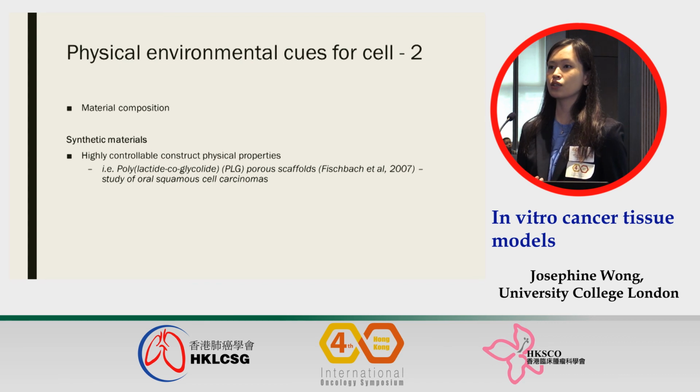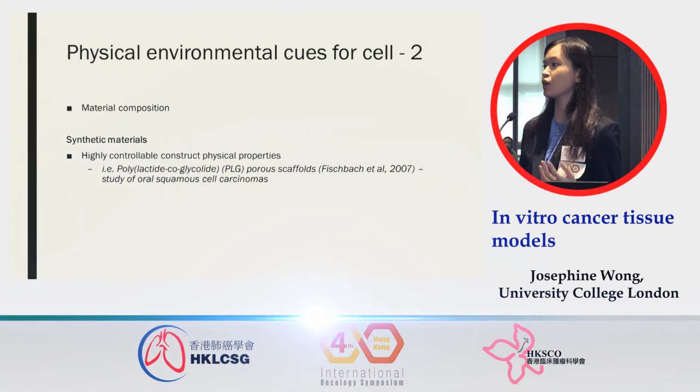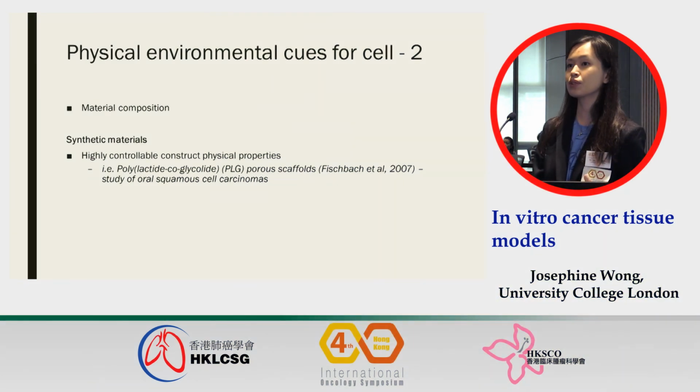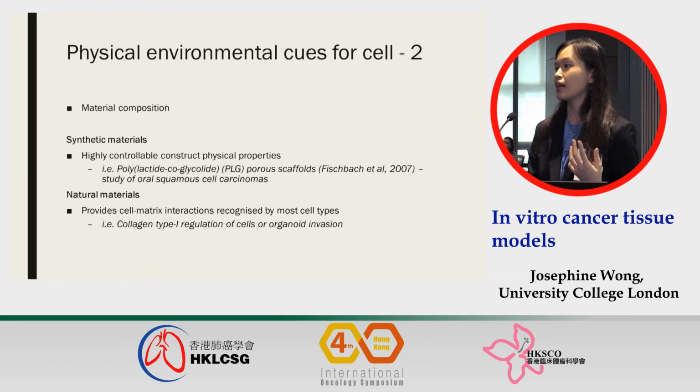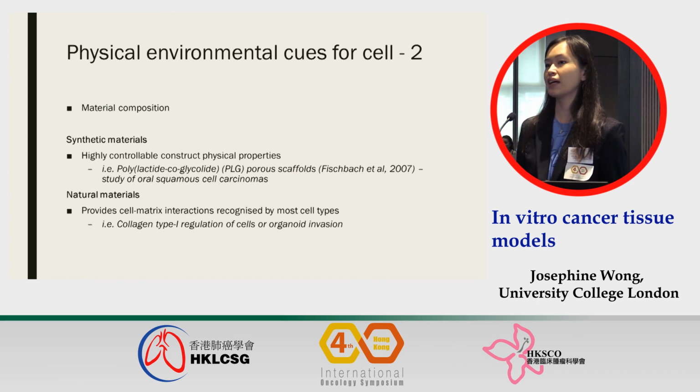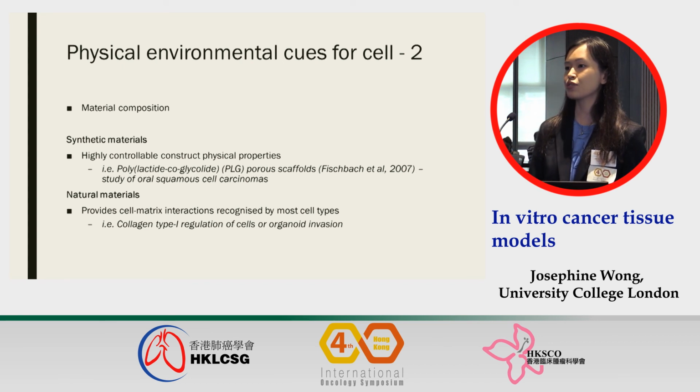So it's quite easy to control the pore size, and it's quite easy to coat the material with proteins that the cells recognize to create a usable scaffold. The second class is the natural materials, which includes, for example, collagen, fibrinogen, silk, and many others that you find in nature, basically. And they provide the cell matrix interactions that are essential to direct cell behavior.